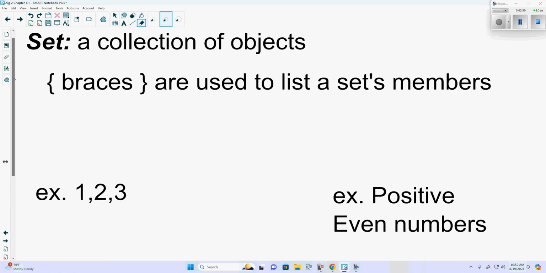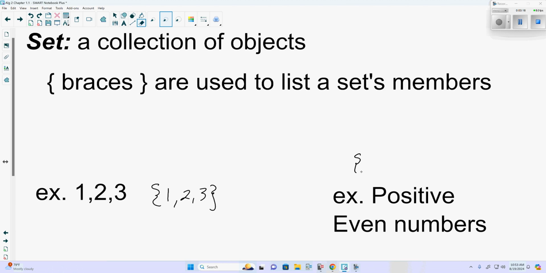So example: 1, 2, 3. We can put a brace, 1, 2, 3. That is a set. Now we could also say positive even numbers.